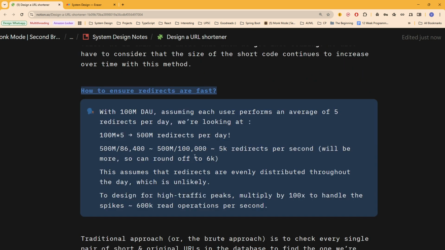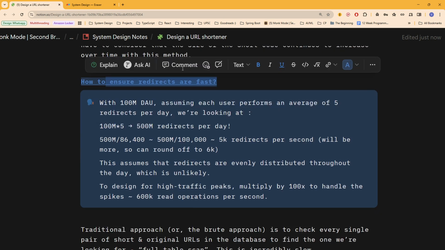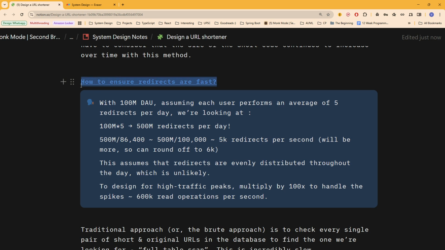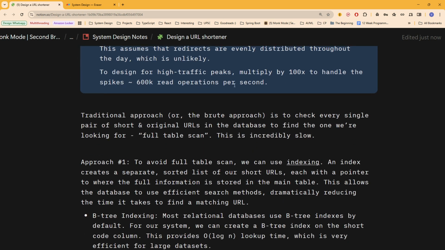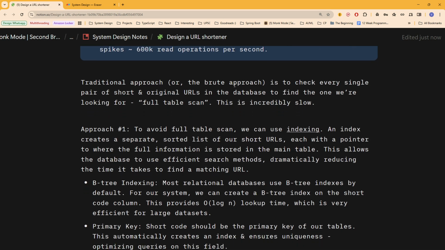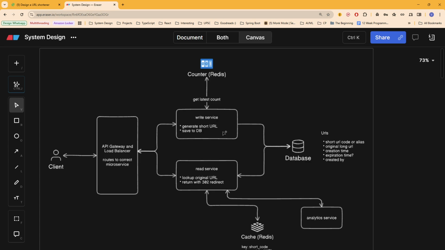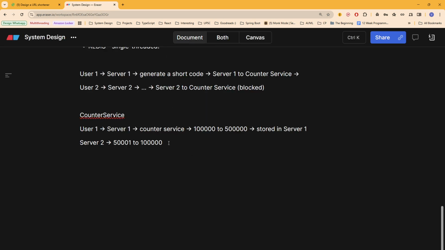Now let's come back to the second part, which is how to ensure redirects are fast. We also talked about low latency, remember, in the non-functional requirements. One of the things is indexing. We should implement DB indexing on the short code column. The other and most common approach would be to implement caching.